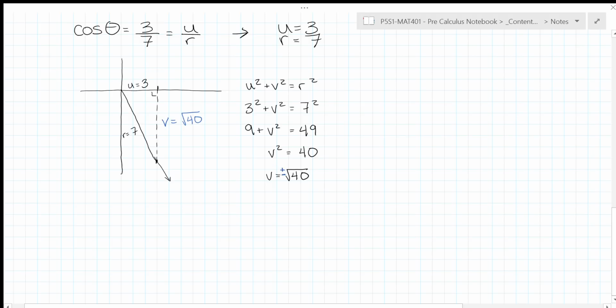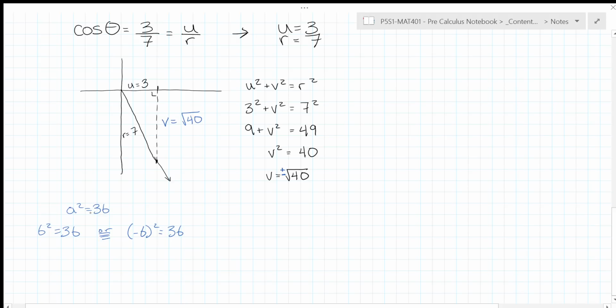Like if you have a squared equals 36, what number squared makes 36? Well, 6 squared makes 36, but also negative 6 squared makes 36. So if you're trying to go backwards, I know that it has to be the plus or minus version of that square root.